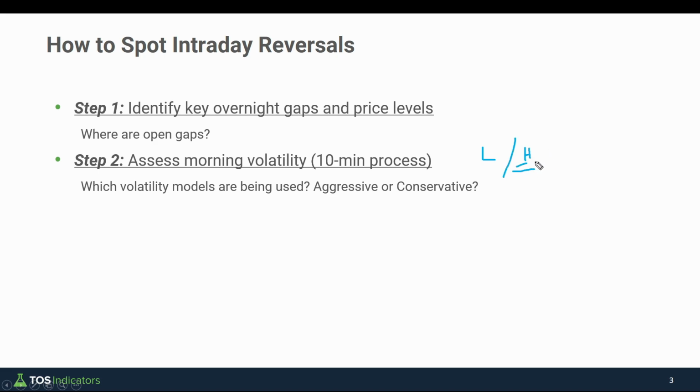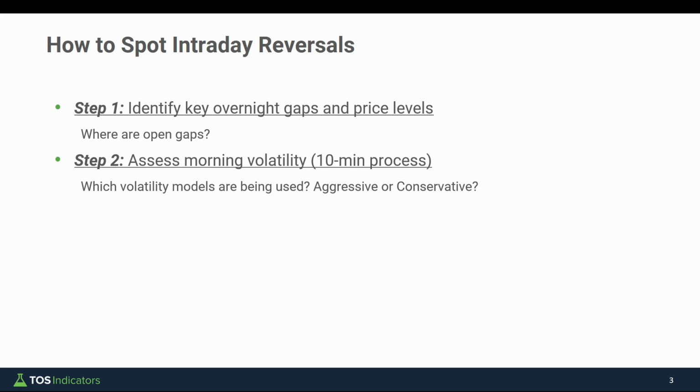The days where we have high morning volatility, you know the notion of these intraday reversals is less likely compared to the days where we say have low morning volatility with an overnight gap in play, which is setting up for really a nice storm that you can take advantage of. So that's step number 2, follow the 10-minute morning volatility process, understand which volatility models are being used, and if we have low or high volatility to start off the day.